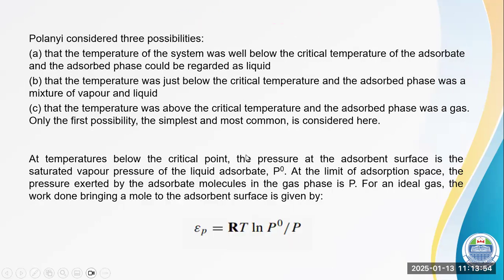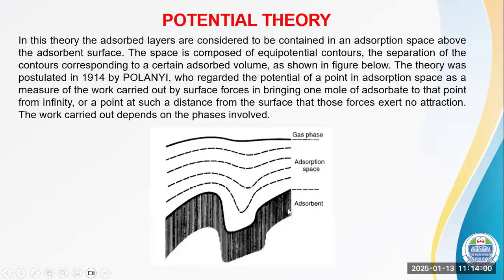So for that, this equation holds for an ideal gas. If you have an ideal gas existing here, you use that as the basis for the postulation of this theory.